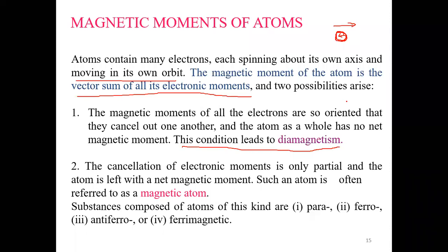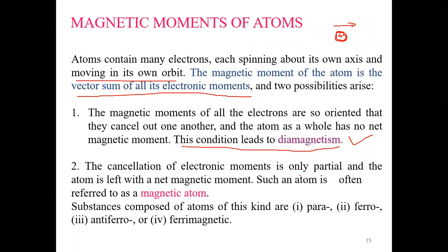That means up spin will produce some magnetic moment, down spin will produce magnetic moment in the opposite direction. As a result, the net magnetic moment will be zero. So if electrons are in pair form, that will produce diamagnetic materials.